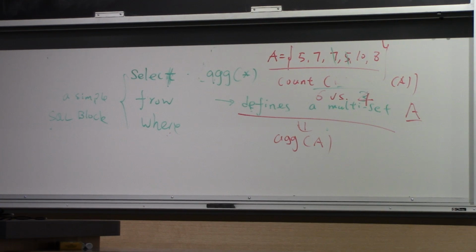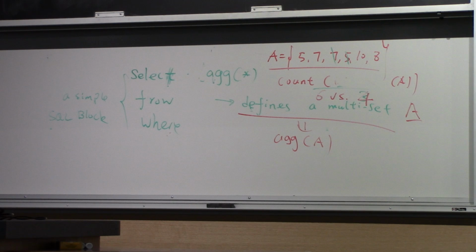Question over there? How does distinct choose which ones to keep? Does it just take whichever comes first? Whether you apply distinct first or aggregation first: when you use the distinct keyword with an aggregation operator, you always use distinct first to remove duplicates.